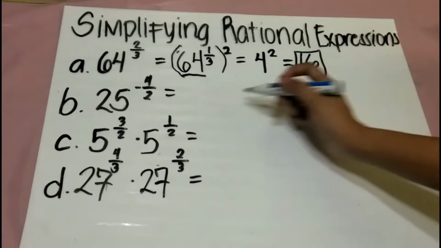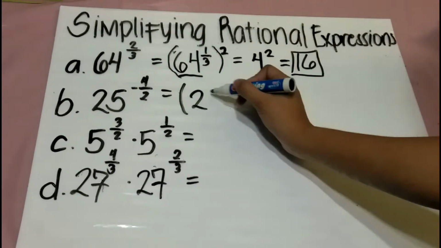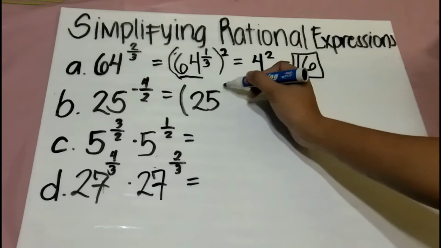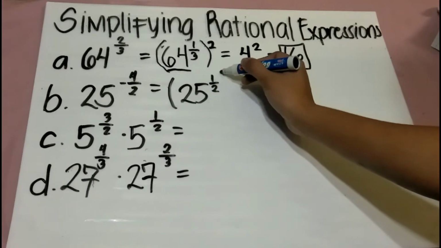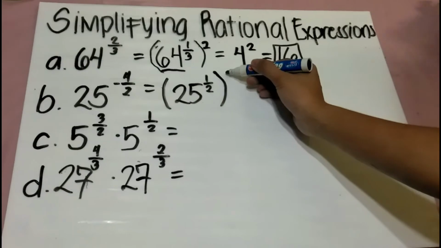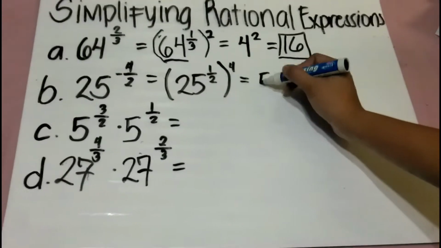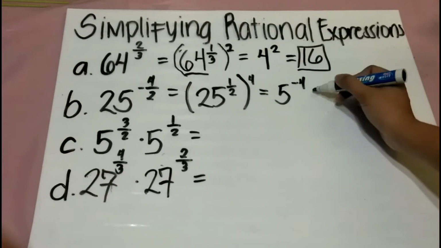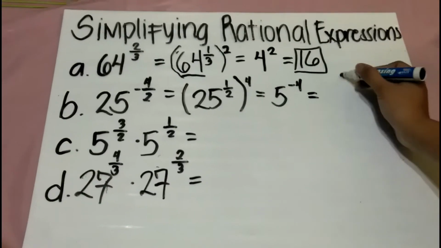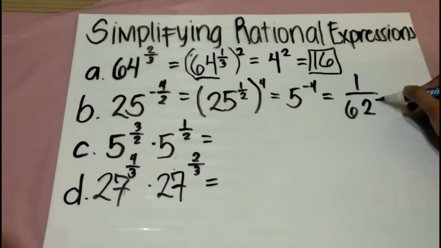Now, we will be writing 25 raised to 1 over 2 inside the parentheses, then raise it to negative 4. The square root of 25 is equal to 5. Then, we should raise it to negative 4. It will be equal to 1 over 625.